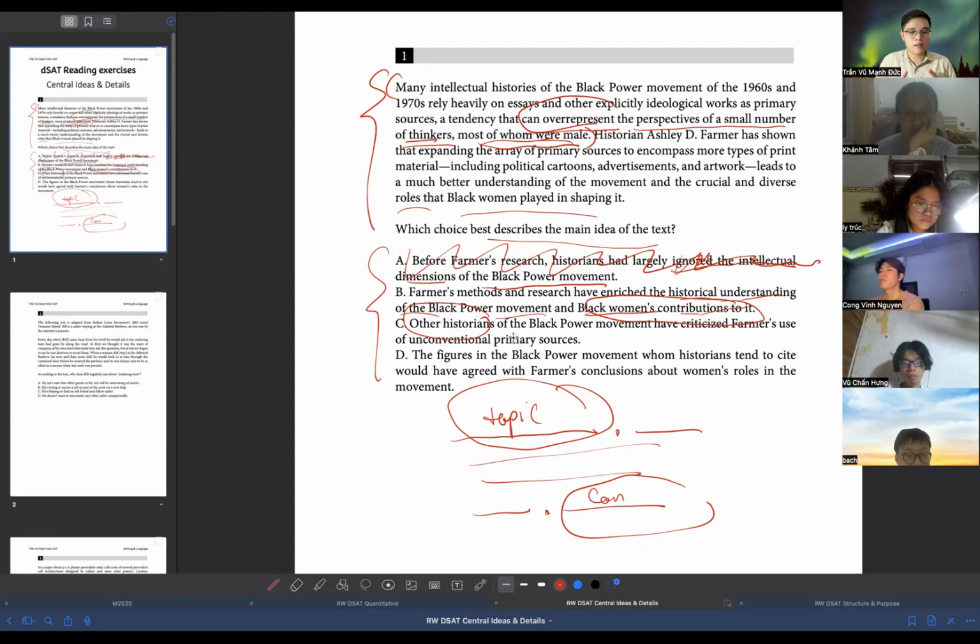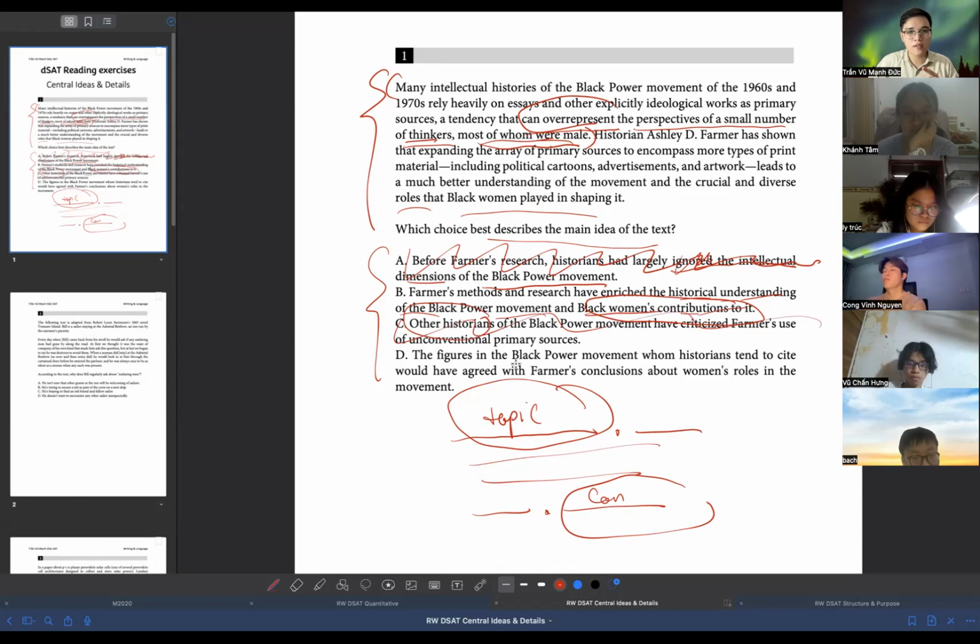It's only talking about the way that the unfairness in the old society is weighing toward the overrepresentation of a specific group of thinkers. It doesn't talk about the other historians and their criticism. It's talking about the actual reality, the status quo, the state in which they were living. It's not talking about other historians.